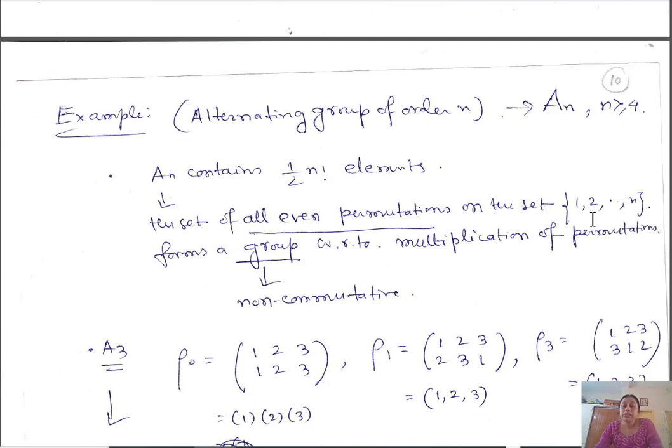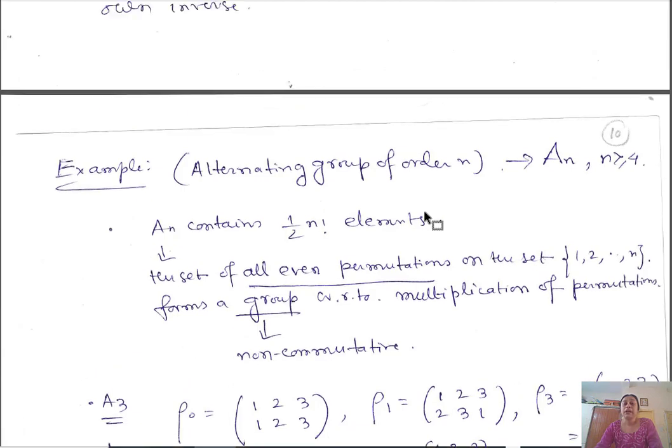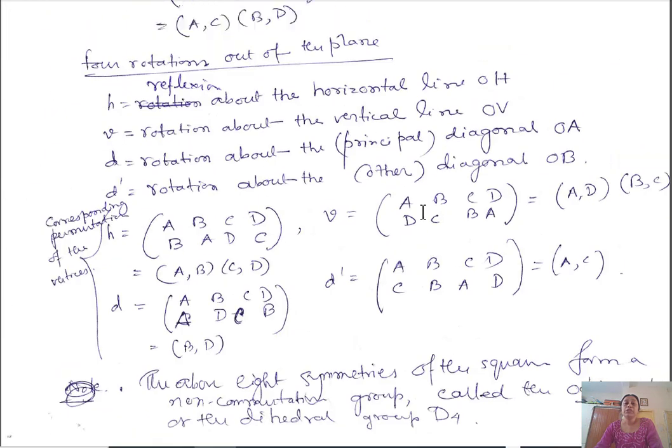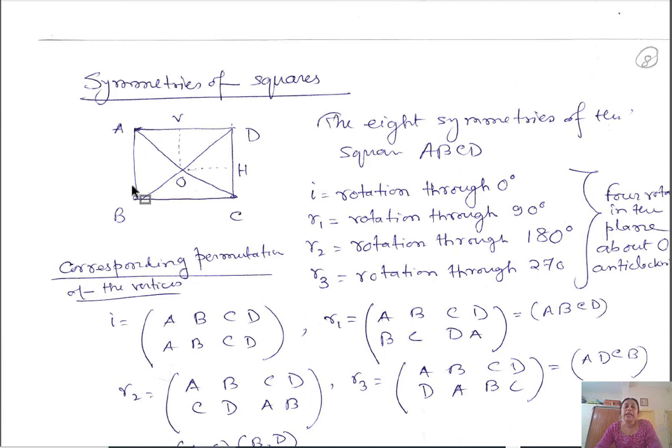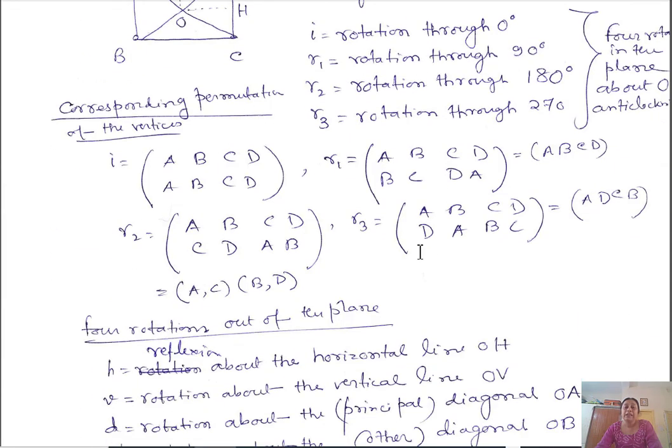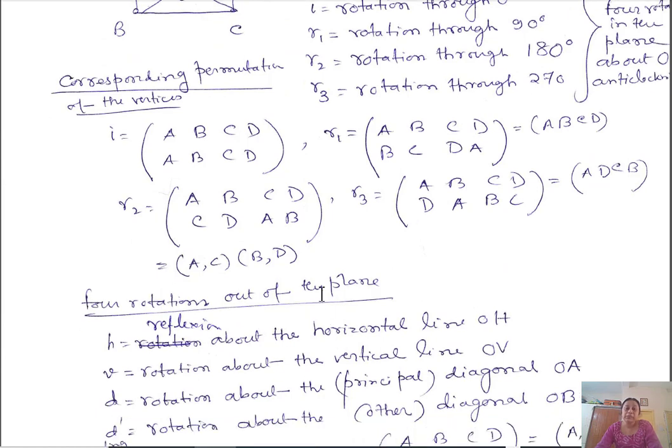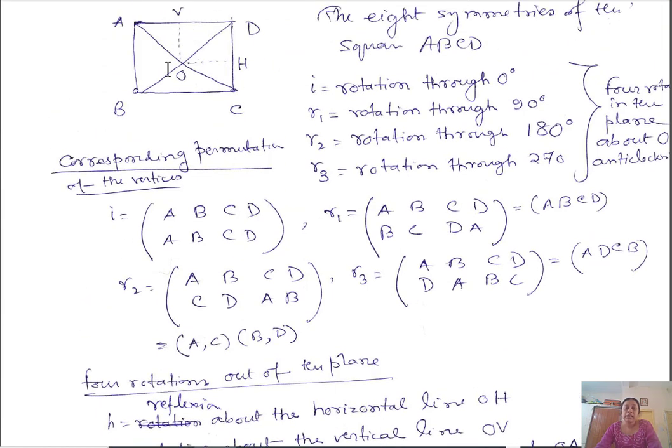For example, if you consider 4 elements, factorial 4 permutations means 24 permutations. Out of these 24 permutations, you consider only 8 permutations corresponding to these rotations in this plane, and reflections, which means a rotation out of the plane, that means reflection about the vertical line, horizontal line, and main diagonal and off diagonal.